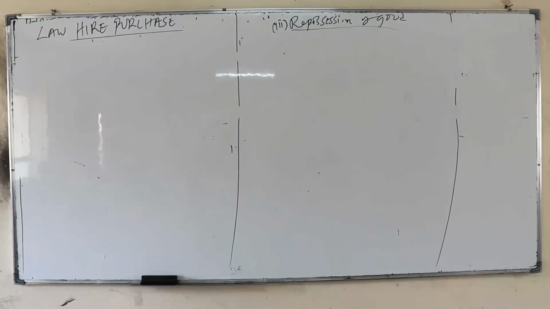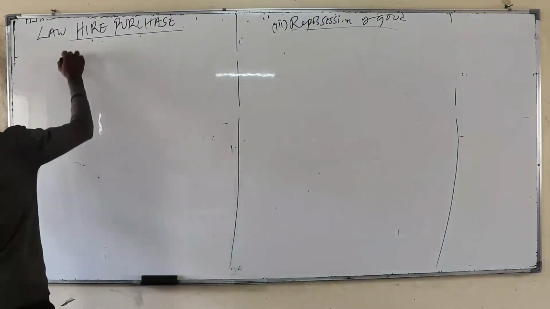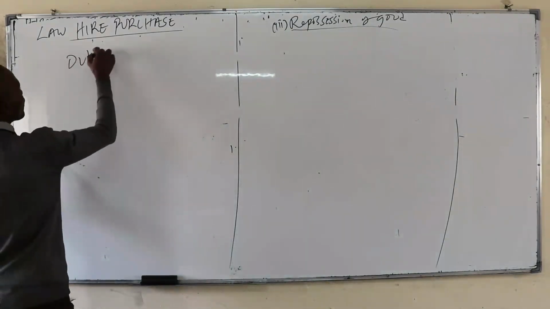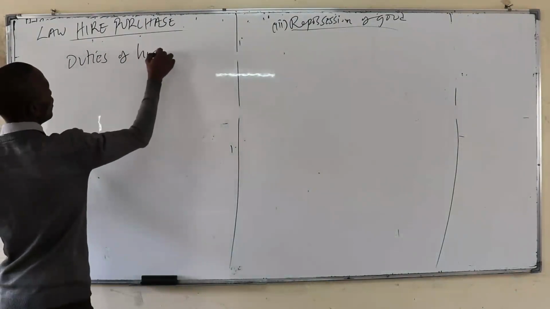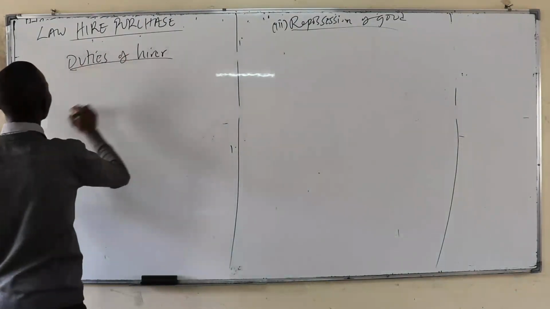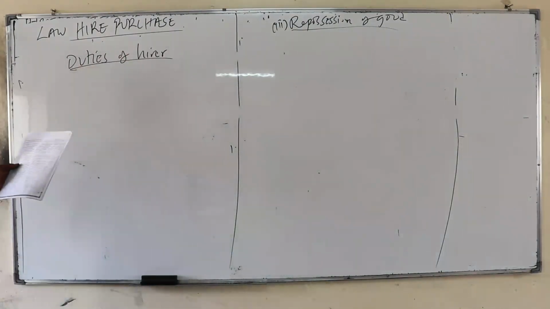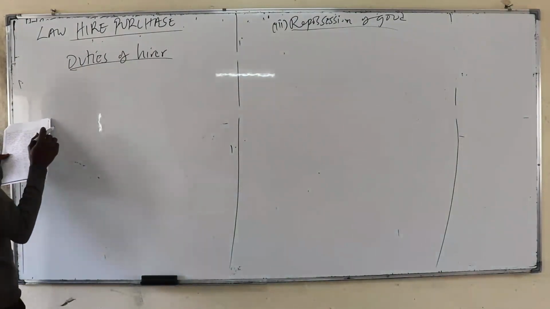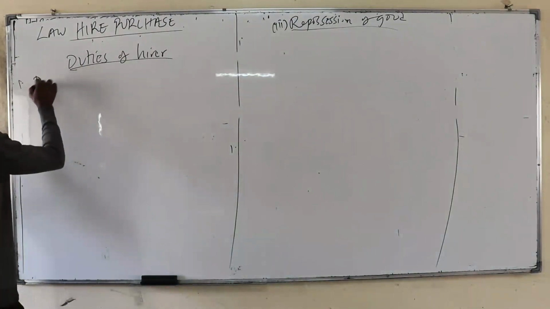Duties of a hirer. Number 1, duty to pay installments as and when they are due.